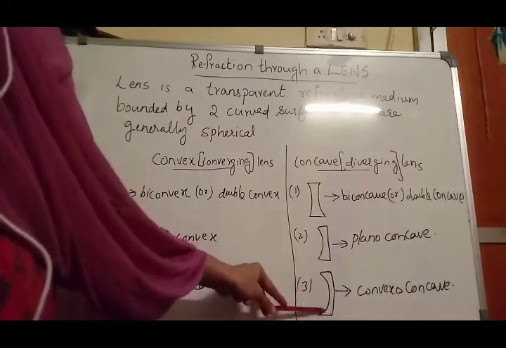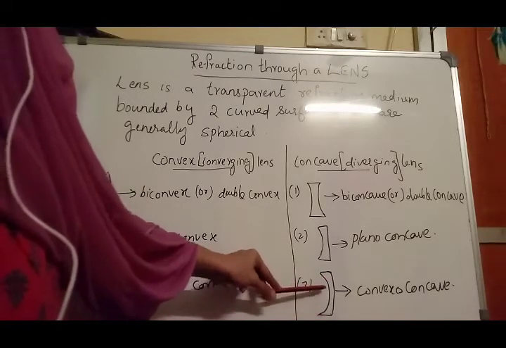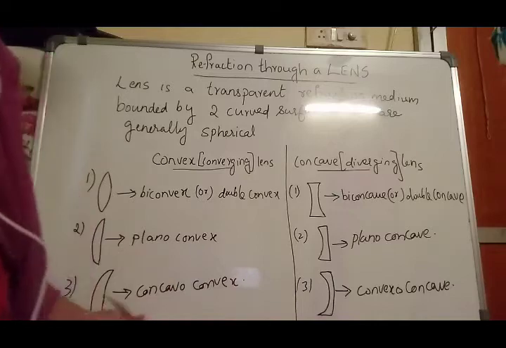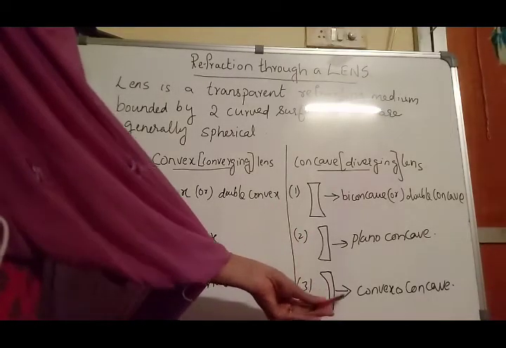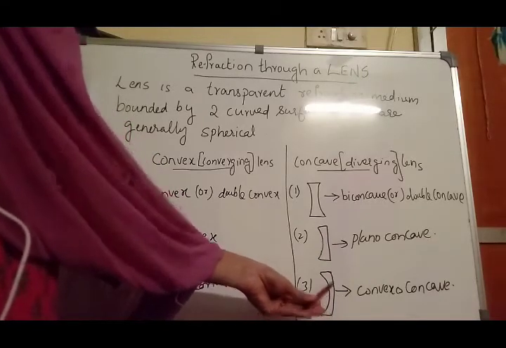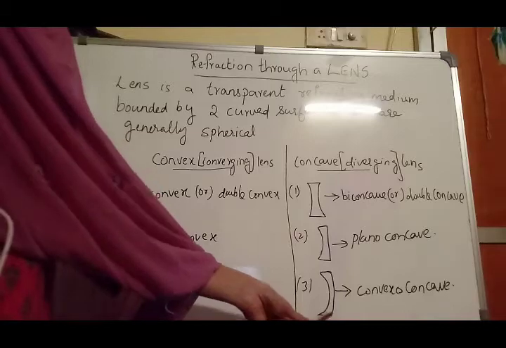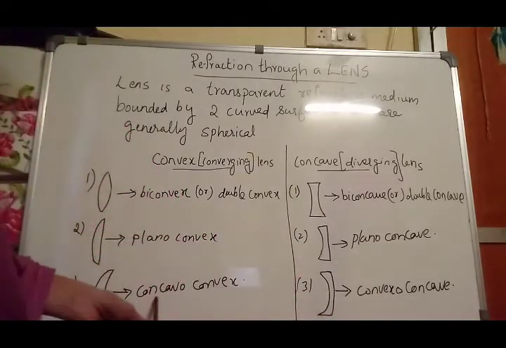This is a concave and this one is actually bulged outward, convex. But even though in both the cases they have two curved surfaces, you could see that in convexo-concave, the middle portion will be thin compared to the peripheral portion. So that is how we identify convexo-concave and concavo-convex.